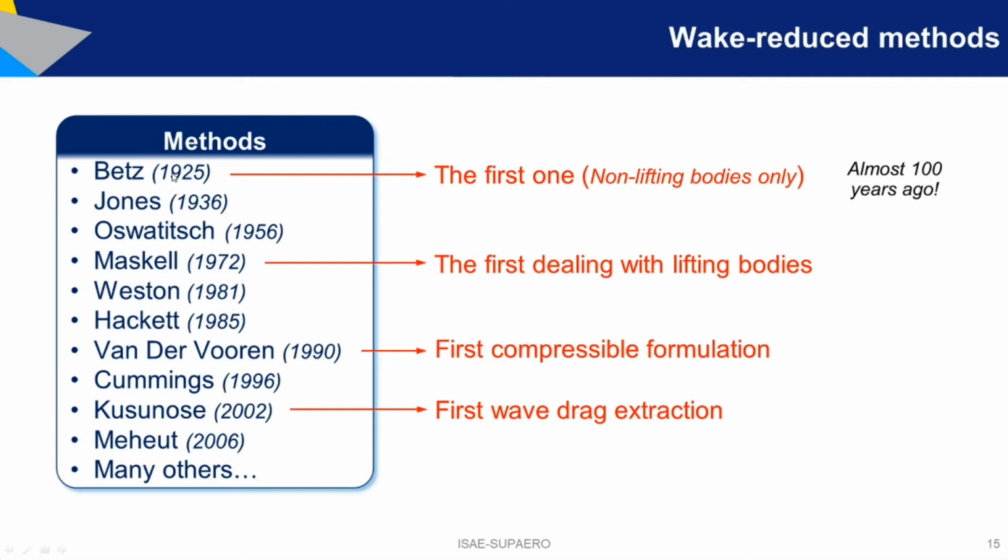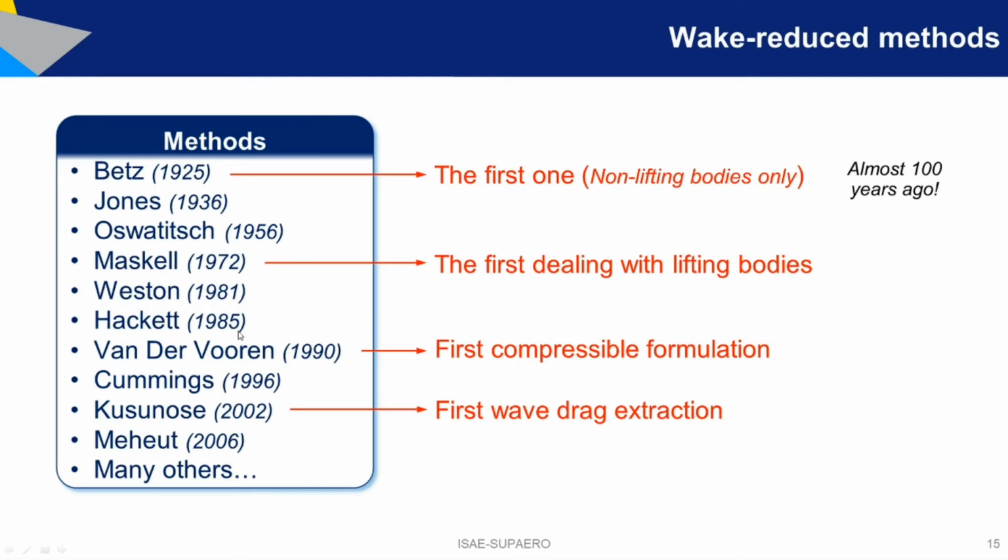Betz, I will introduce in the next slide because this was the first one and because it settled the base of how it works. But the problem of the Betz method was that it was only for 2D cases. That's why later on Maskell established a major milestone by extending this formulation to 3D bodies. We'll see that formulation in detail as well.